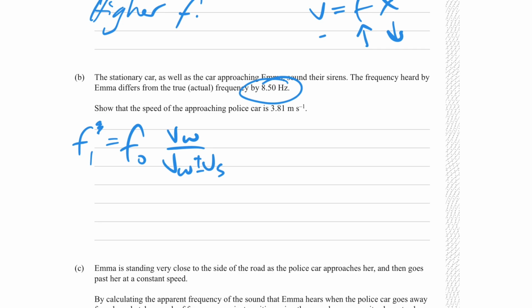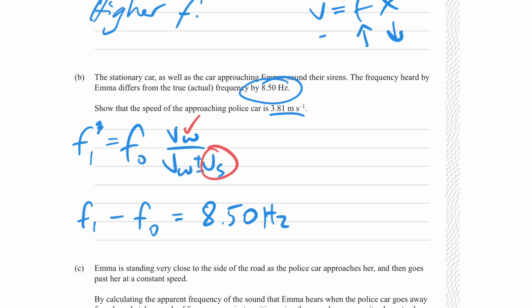So in this case, the modified, being the higher frequency, minus f naught, the original frequency, equals 8.50 hertz. And we have to show, combining these two equations, that the speed of the approaching police car is 3.81 meters per second. So that's the velocity of the source that we're trying to show here.